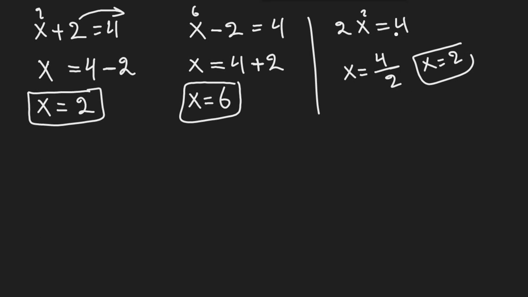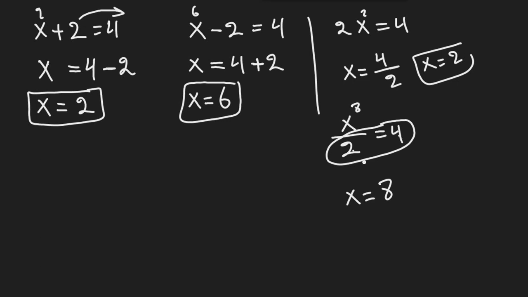If we put 2 here, 2 times 2 is 4. If it's division, like x divided by 2 equals 4, then we multiply these two numbers. x equals 2 times 4, it's 8. So the answer is 8. If I put 8 here, 8 divided by 2 is equal to 4.